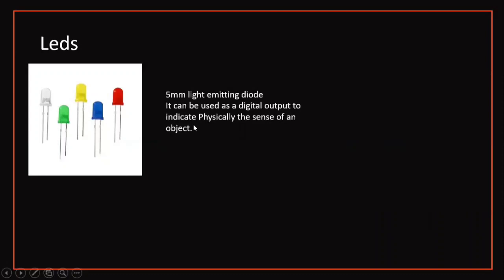Then we have the LEDs. An LED is a light emitting diode. It can be used as a digital output to indicate physically the presence of an object. The LEDs will be used to indicate when an object is detected by the proximity sensor.